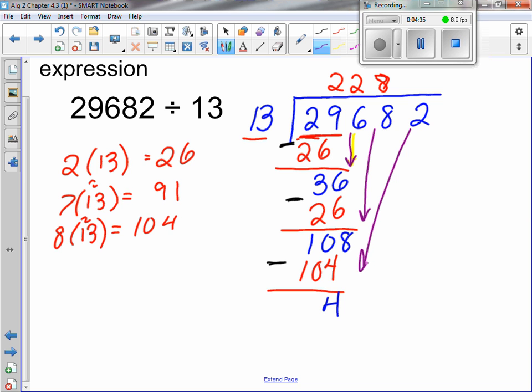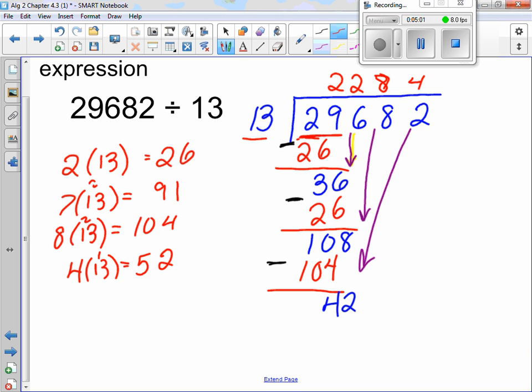And lastly, we're going to bring down the 2. And we want to see how many times 13 goes into 42. 4 times 3 is 12, carry the 1. 4 times 1 is 4, plus 1 is 5. So it's going to be 3. 3 times 3 is 9.